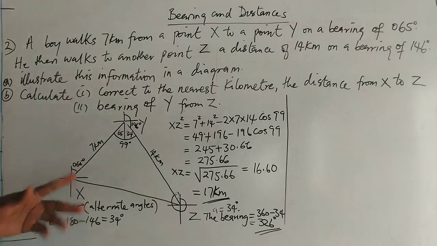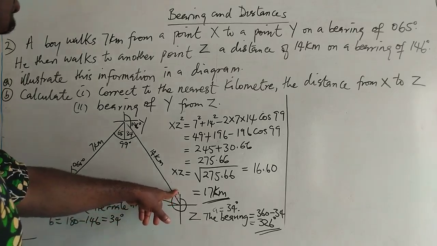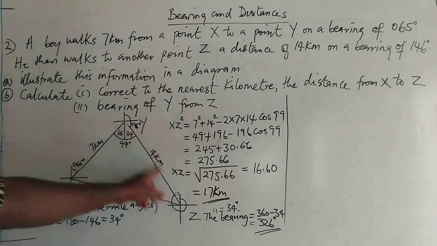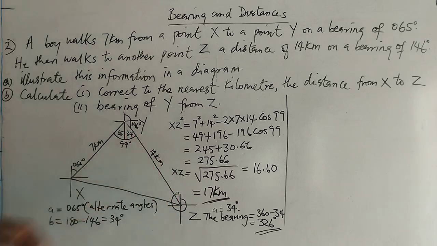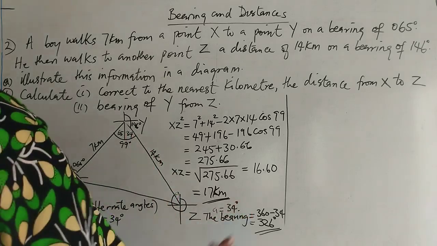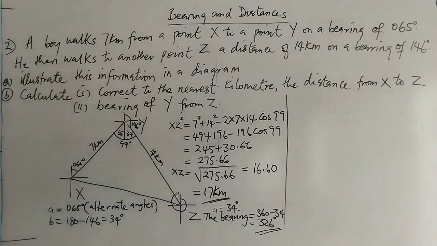So the bearing here is straightforward in the sense that once you get this A, which is 34, alternate angles, you subtract it from the sum of the angles at a point, which is 360 degrees. And once you do that, you get 326 degrees.